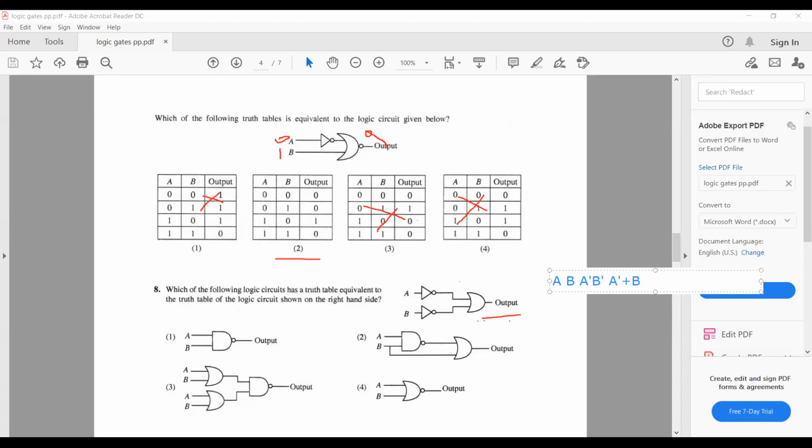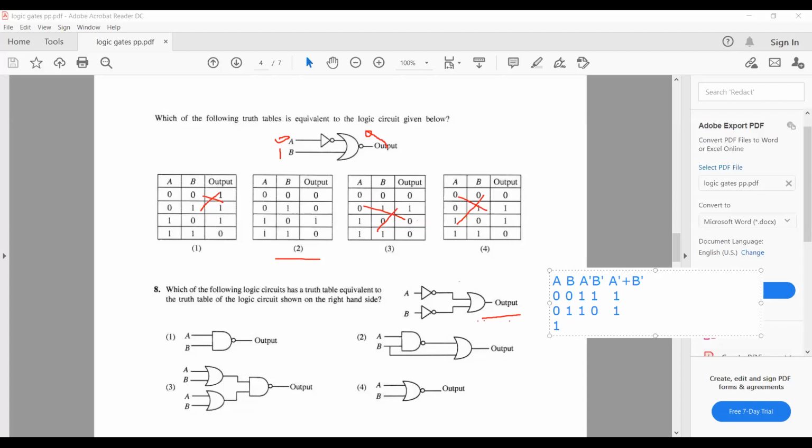This is my truth table, right? So if I put value 0, 0, A dash means 1, B dash means 1, so you will be getting 1. So 0, 1, A dash means 1, B dash means 0, there also you are getting 1.